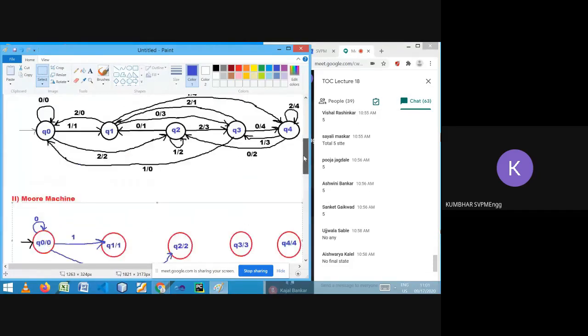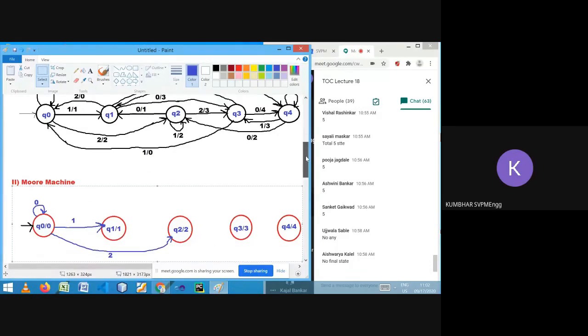So in Q0 on 0, where does it go? Q0 in Mealy machine. In Moore machine also Q0 on 0 it goes to the same state. In Q0 on 1 it goes to Q1. Q0 on 2 it goes to Q2 in Mealy machine. Same for Moore. So I hope you understand that.